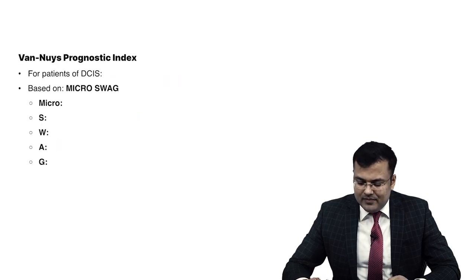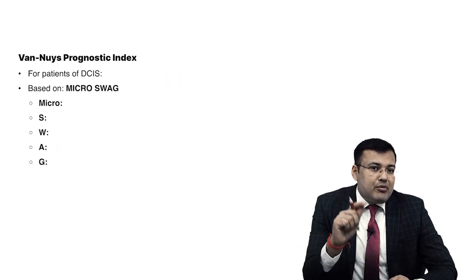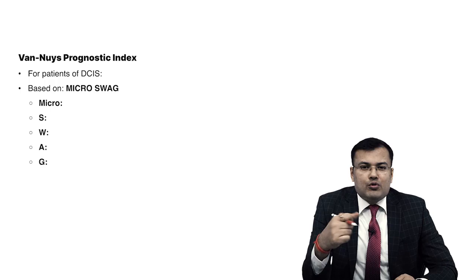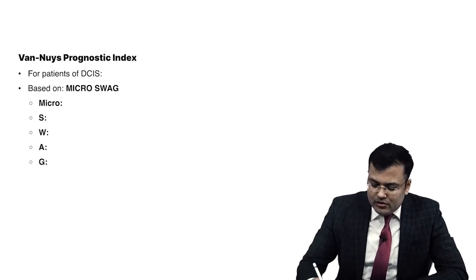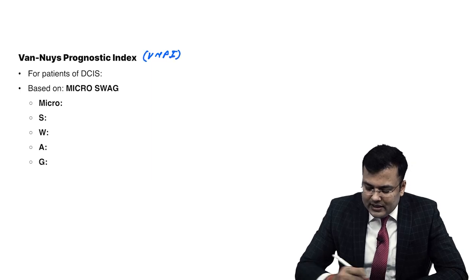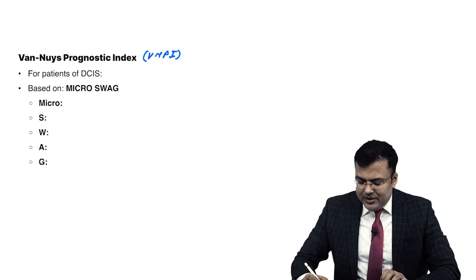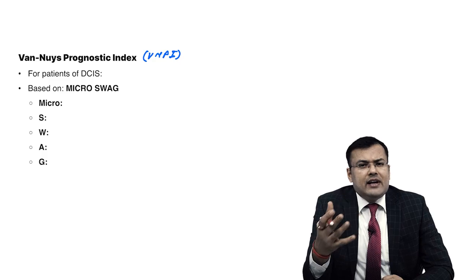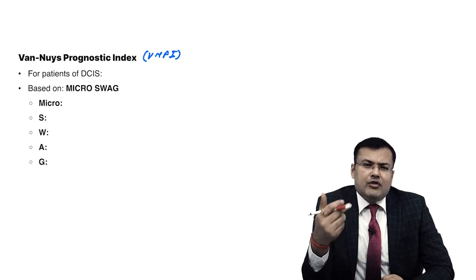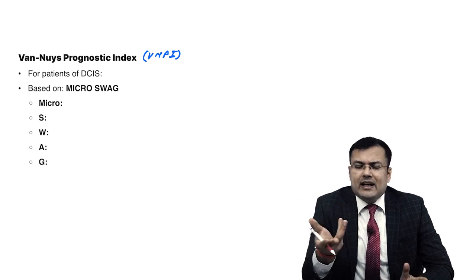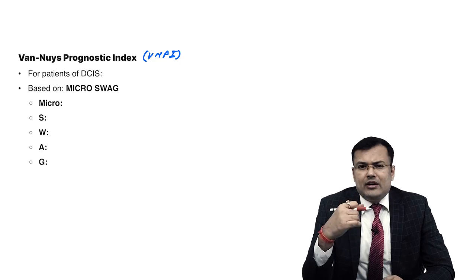Now, next there is another important question which was asked many times, especially in NEET PG: the Van Nuys prognostic index, in short known as VNPI. You know, for patients of ductal carcinoma in situ, we discussed the treatment options. We can go for simple mastectomy, we can go for lumpectomy, or if the patient is having a high grade tumor, we can go for lumpectomy plus radiotherapy.